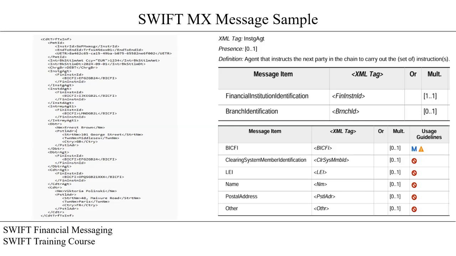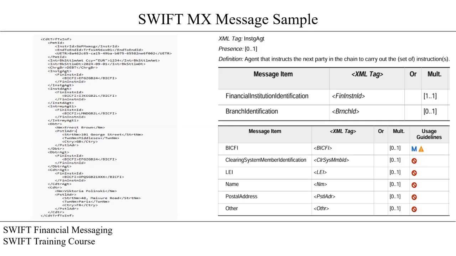Then we also have within the financial institution, if you look at the second table below, for a financial institution you could have a child, which consists of these other elements: BICFI, clearing system member ID, LEI. So you can see the way our message is, we have the financial institution, followed by the BIC FI element.